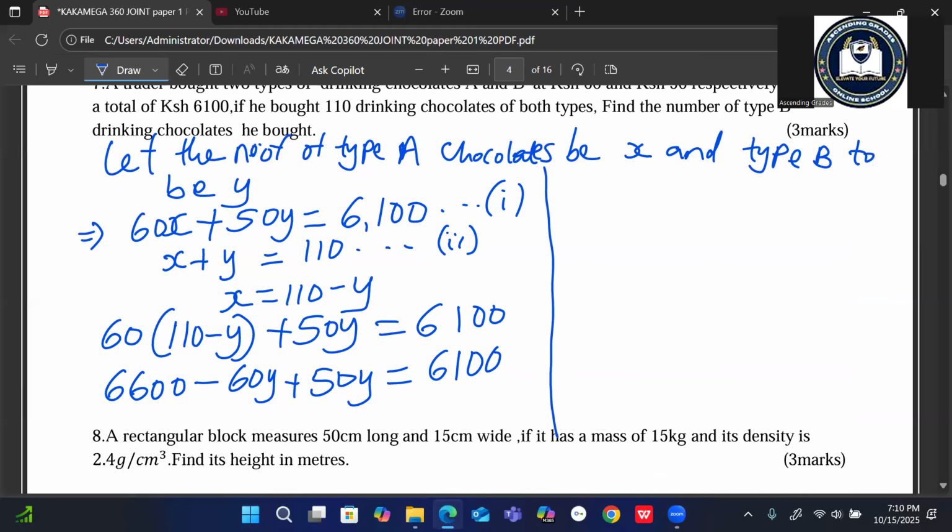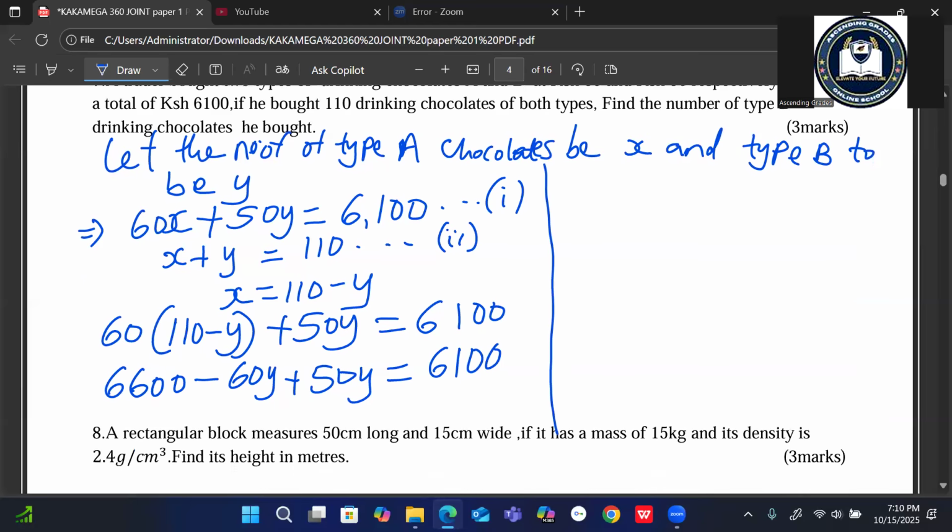So we continue. On bringing like terms together, negative 60Y plus 50Y will give you negative 10Y. Then we take 6600 to the other side. It will be 6100 minus 6600, which will be negative 500.